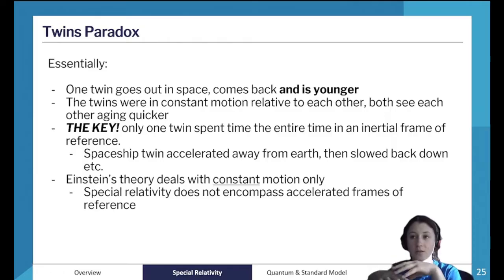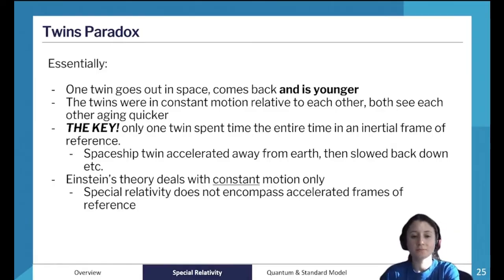The paradox is, since they're both moving relative to each other, which one will age faster and which one will age slower? The solution is that the twin in the rocket did not have an inertial reference frame because he accelerated upon leaving the planet, then turning around, and then coming back. So, Einstein's theory does not apply.